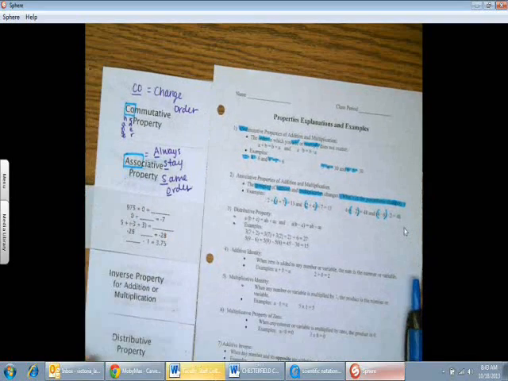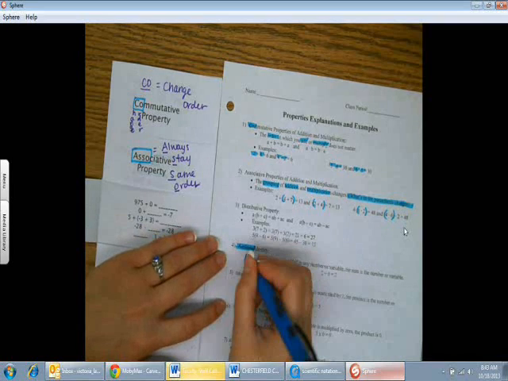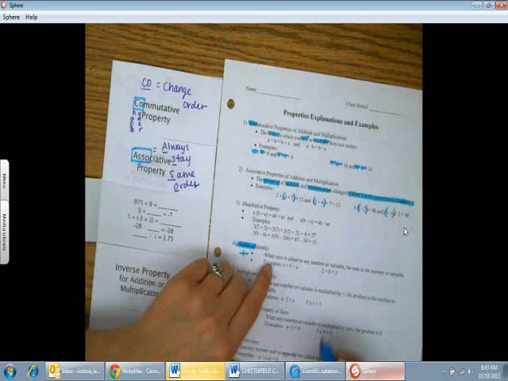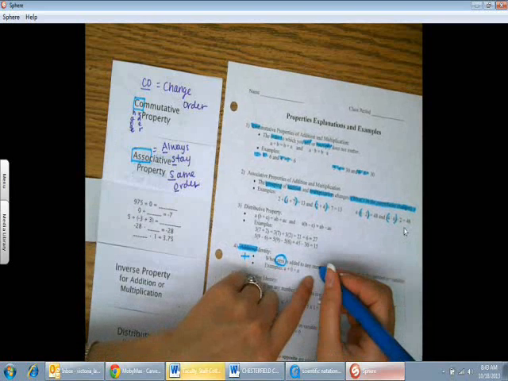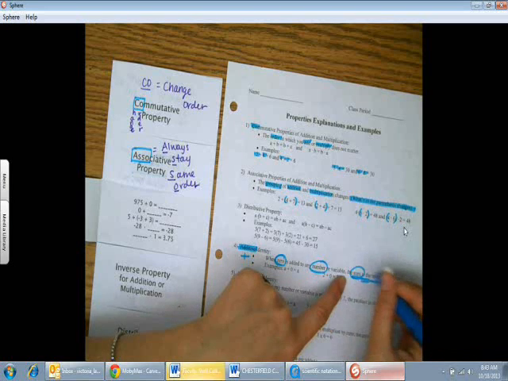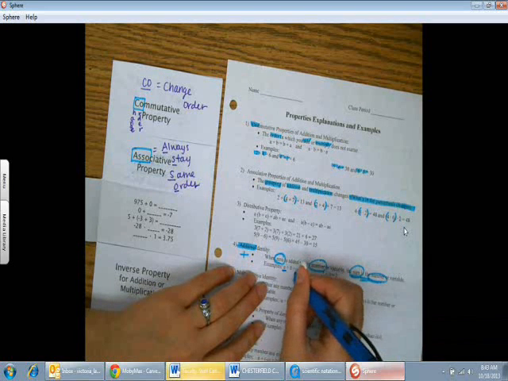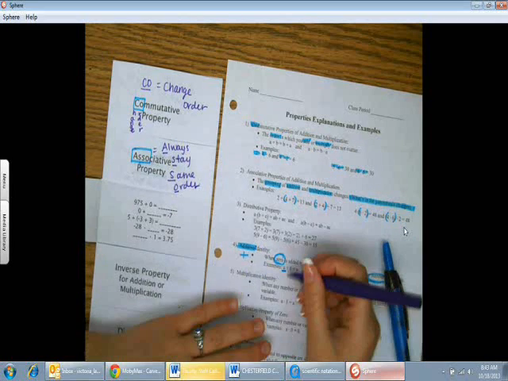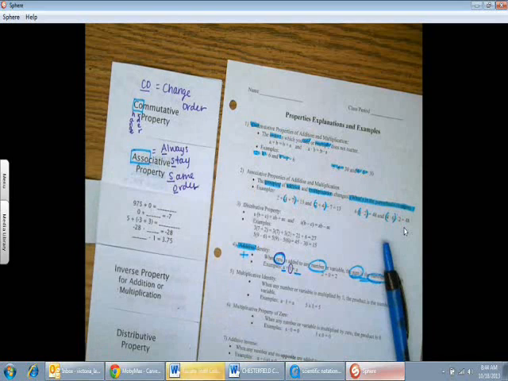So for addition, for additive identity, which means add, when a 0 is added to any number, the sum is the number. Meaning, A plus 0 equals A. So 0 is the additive identity. Okay?